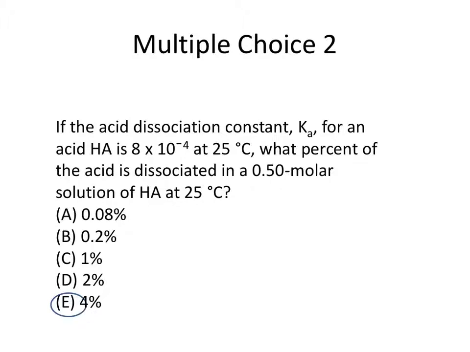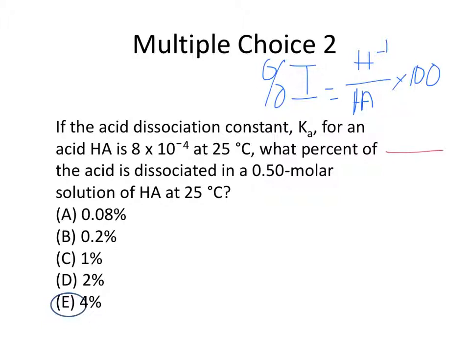We know that percent dissociation is H plus over HA, times 100. Very good. Thank you. We know that HA is 0.5.